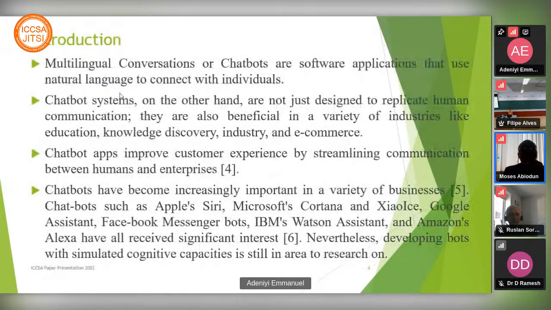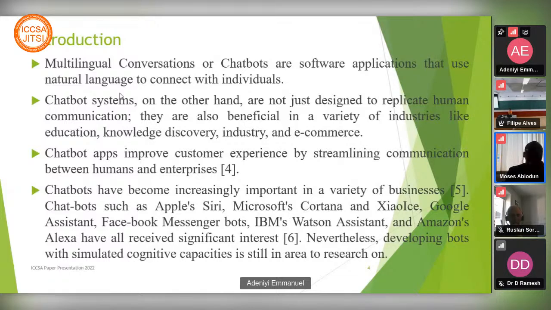Multilingual conversation agents, or chatbots, are software applications that use natural language to connect with individuals. Chatbot systems are not just designed to replicate human communication. They are also beneficial in a variety of industries like education, knowledge discovery, and e-commerce. Chatbots have become increasingly important in a variety of businesses.